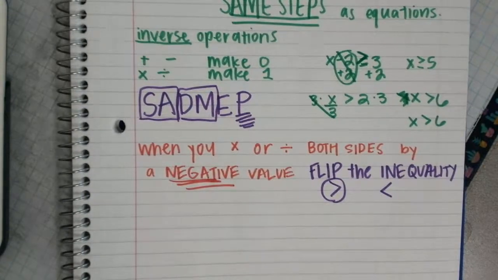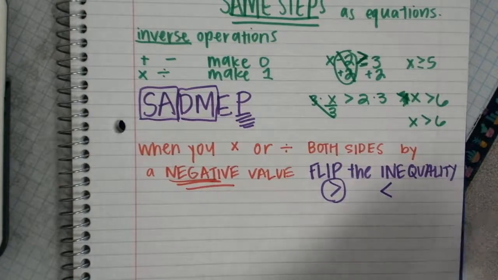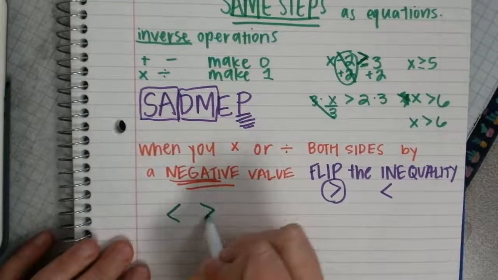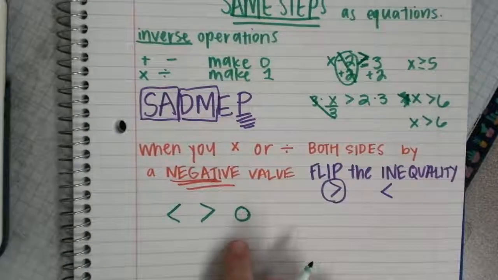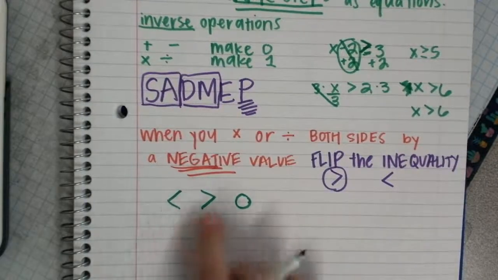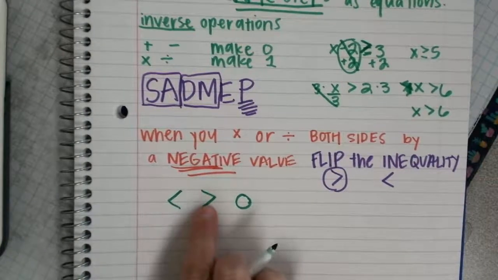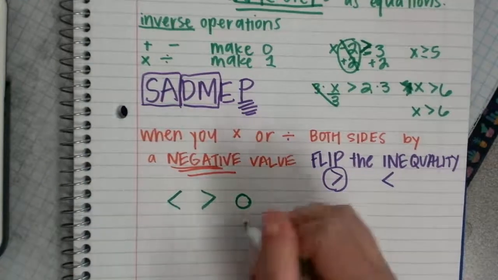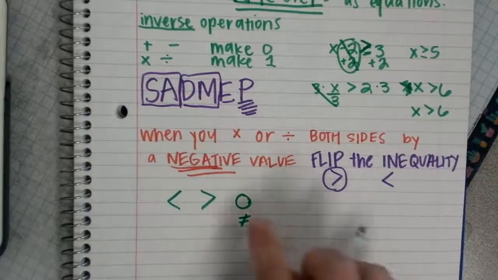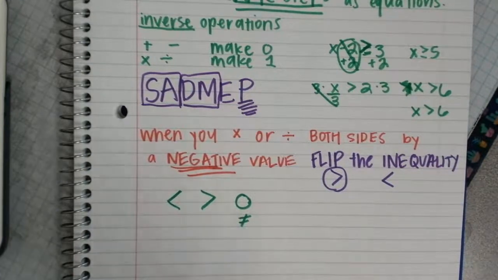I think that's all. So now we're going to solve and graph a few. And my last reminder, that was not all. Don't forget that when we're graphing, with less than or greater than symbols, we use an open circle because it's not equal. It does not equal that number, so we use an open circle at that number.